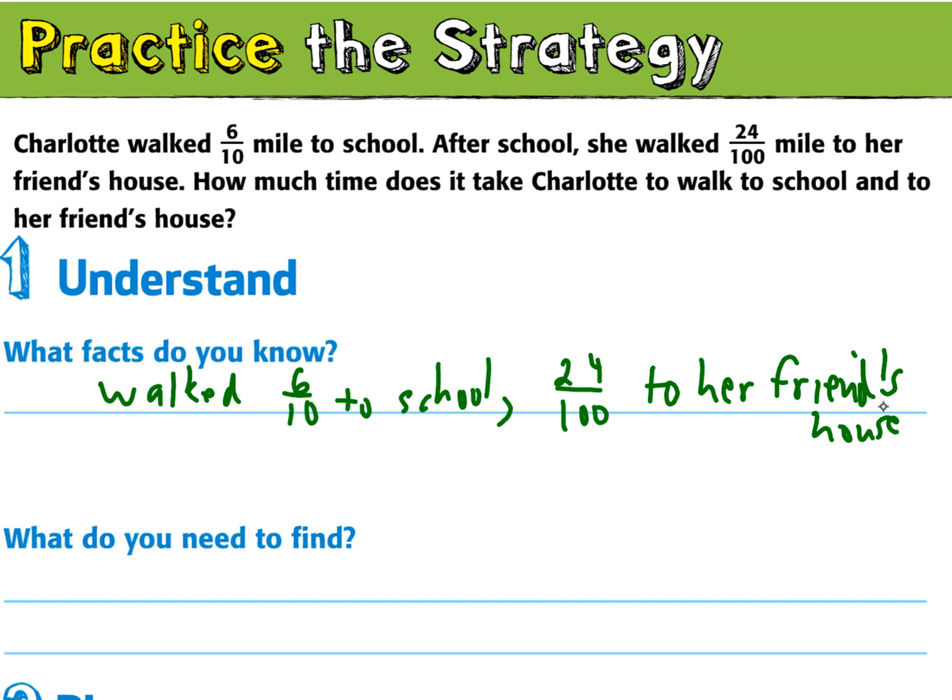What we need to find out is how much time, the amount of time she walked total.